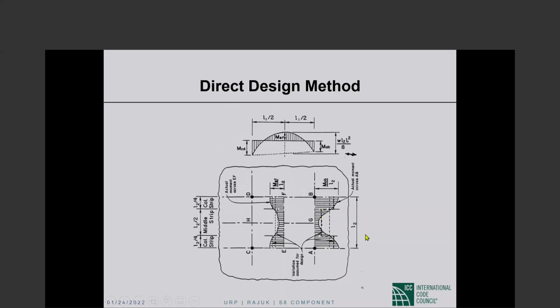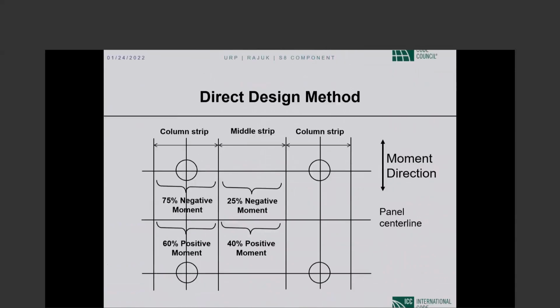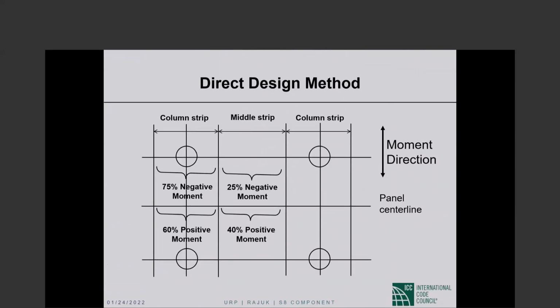Okay, 75-25 distribution. And when it comes to the span section, we assign 60% of the positive moment to the two half column strips and 40% of the positive moment to the middle strip. So that is the distribution in the transverse direction.